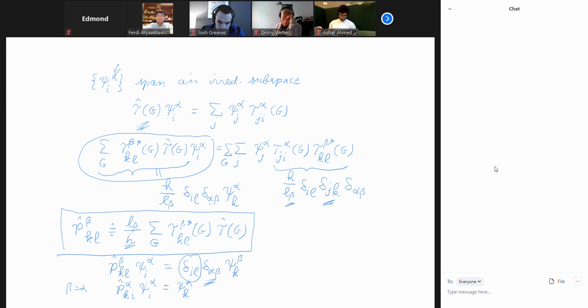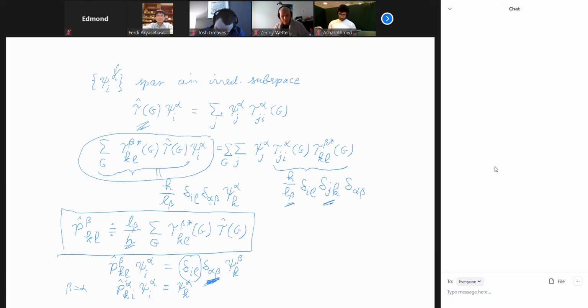So this has the form of a projection operator. If I apply the projection operator on functions that belong to a different irreducible representation, then this Kronecker delta will annihilate that function. So the function must belong to the same irreducible representation as the one for the projection operator.